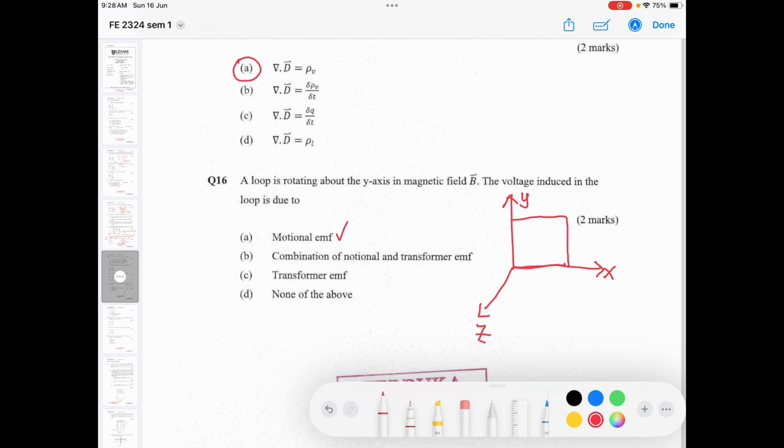This one also, no, I think it's a typo. It should be motional, not transformer, and this is not true also. In a magnetic field B, it doesn't mention whether it is time varying or not. So I think the answer is A, motional EMF.